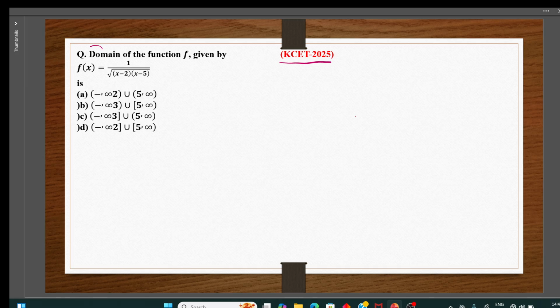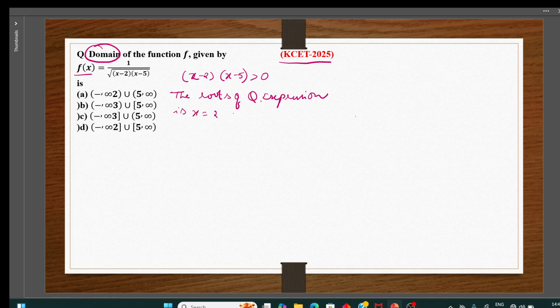Clear. So now in this question we have to find the domain of this function. Domain of this function means, let's consider (x minus 2) into (x minus 5) is greater than 0. Okay, it is not equal to 0, it is greater than 0. So now the roots of this quadratic expression, not equation, expression, are x is equal to 2 and x is equal to 5.